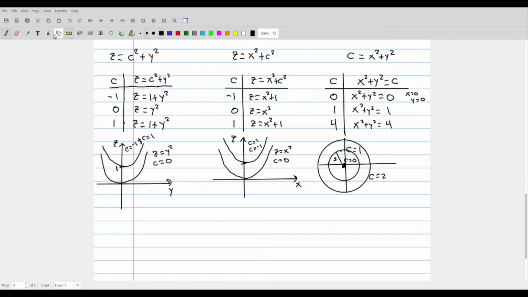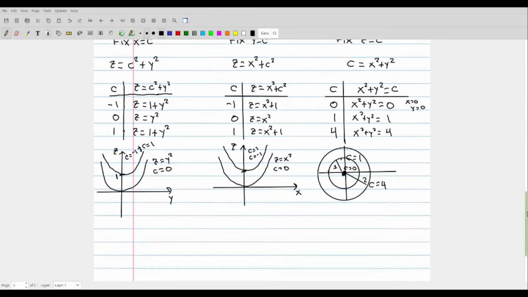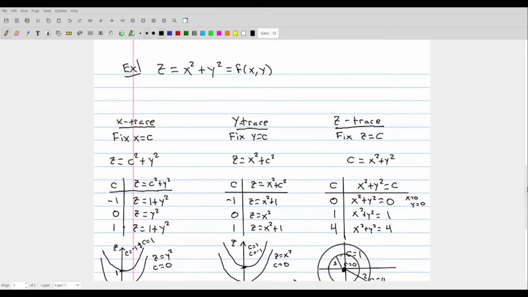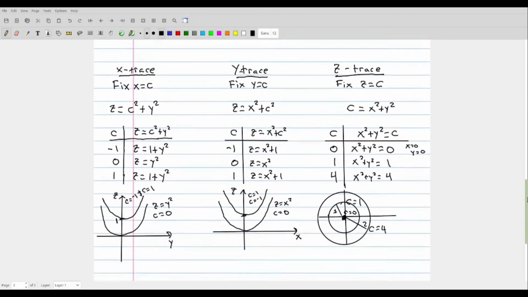So you see here the circle of radius 2 corresponds to, not c equals 2, sorry, that was a typo. It corresponds to c equals 4. And for any other value of c, you have a circle as the trace of this expression, z equals x squared plus y squared, along the z-axis.